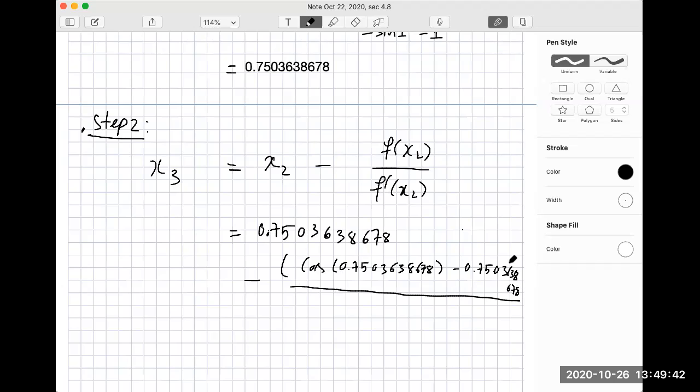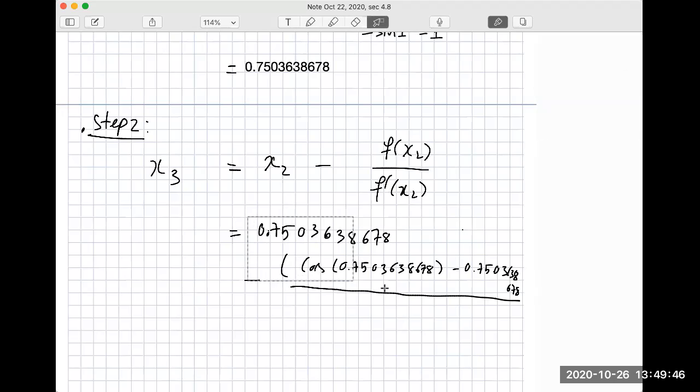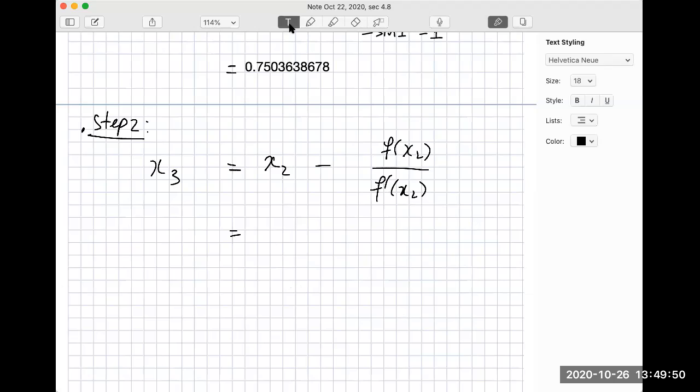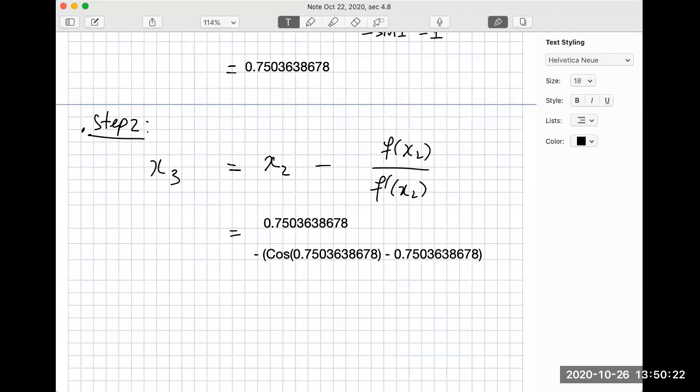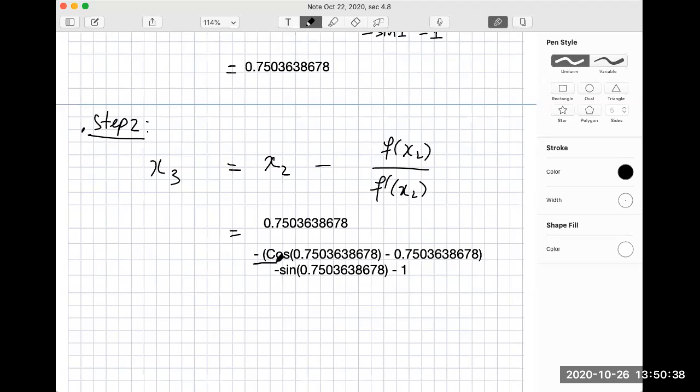Divided by f prime of it, and tell me what you get.